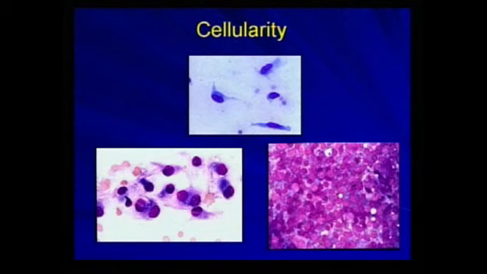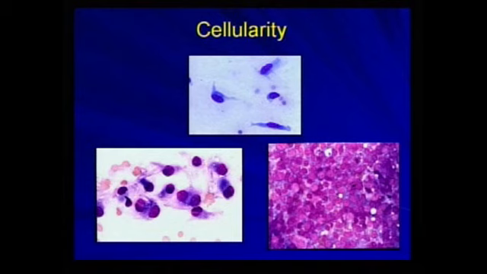On the other hand, in the bottom left-hand quarter, we have a smear that is adequately cellular. We can easily tell that they are spindle cells. There is some variation in size, and we can get a lot of information, even a binucleated cell or two in this preparation. So an adequate number of cells gives you a useful working diagnosis.